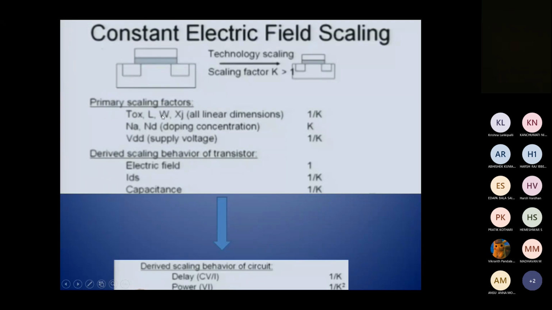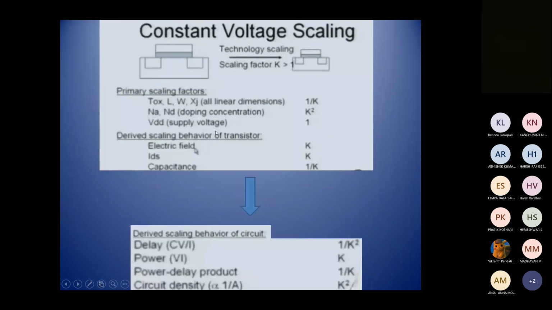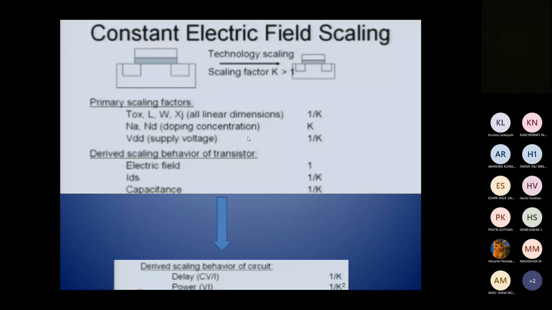Similarly, if W is the channel width, then the new dimension for the miniaturized version of the device will be W by K, that means channel width divided by K. Similarly, the oxide thickness T ox has to be divided by K, so T ox divided by K. Similarly, the junction depth Xj also has to be divided by K. Okay, so this is actually the primary scaling factor.